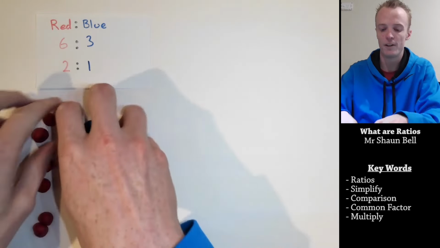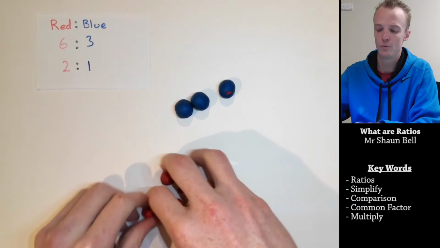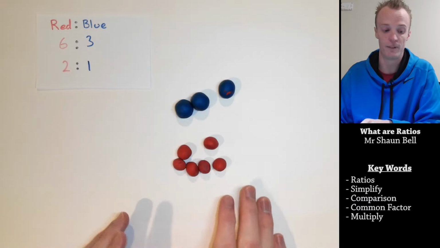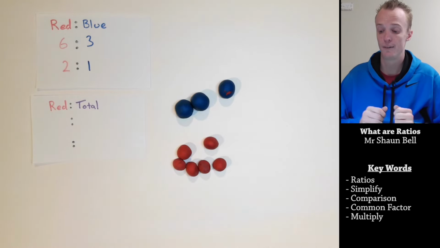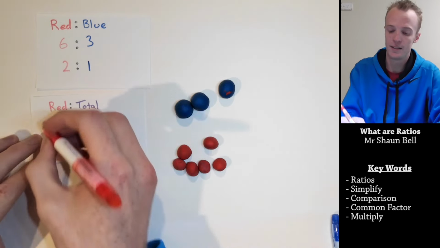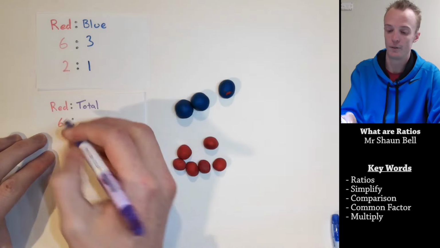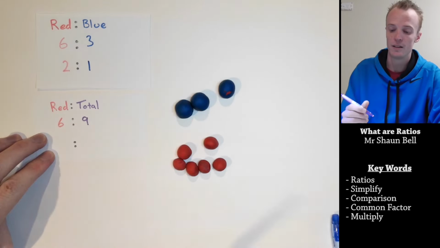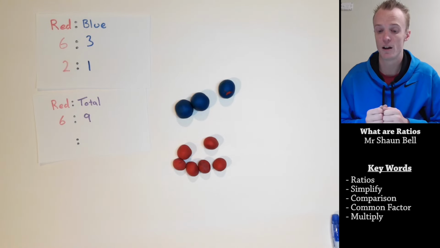But that's not the only ratio that we can get out of this. What if I wanted to know the total number of red balls I have in this problem compared to the total number of balls present? Well, I know that I've got 6 red balls in this collection, and the total number of balls I've got here is 9. So the ratio of red balls to the total number of balls is 6 to 9.